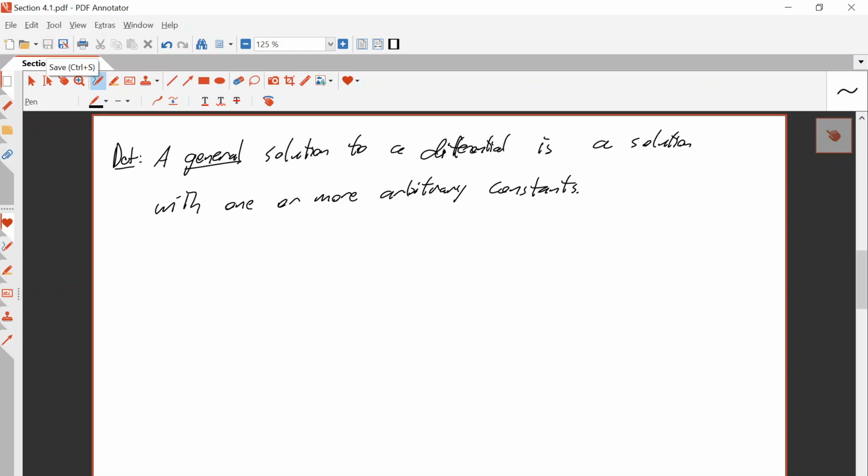So a general solution is a solution with one or more arbitrary constants which account for all possible solutions to the equation.